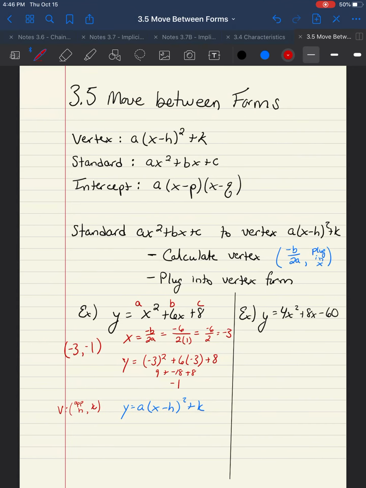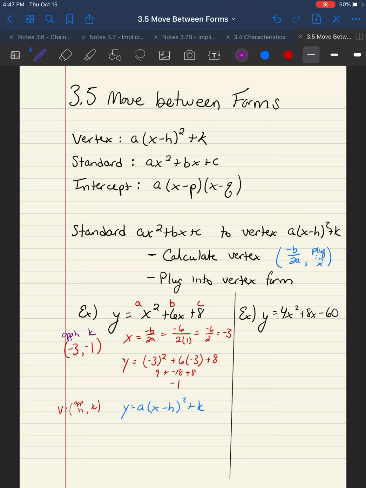But now I want you to think about, how do we find the vertex from vertex form? We do opposite of h, comma k. Which we've already found the vertex from the other form. We said that the vertex is -3, -1.